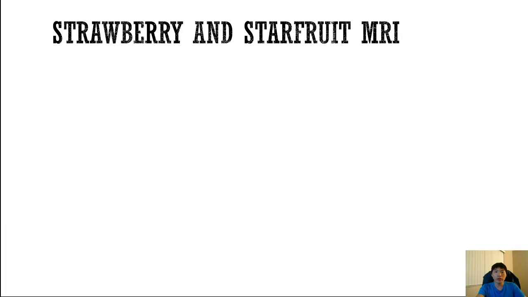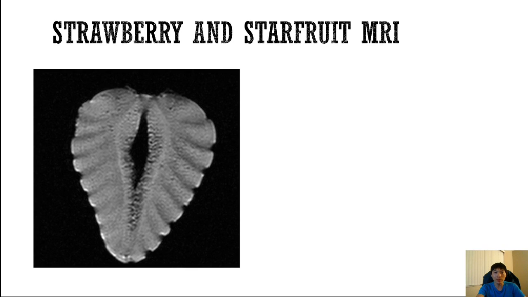Okay, so let's have a look at the images of our patients. Let's start off with the strawberry. You can see a very nice image of the strawberry, with a bit more features compared to the CT scan that we saw earlier. You still see a hollow center in the strawberry, but also where the seeds would be.